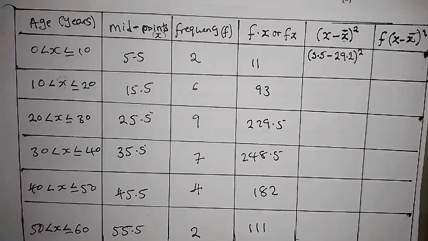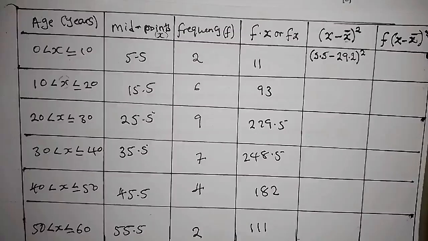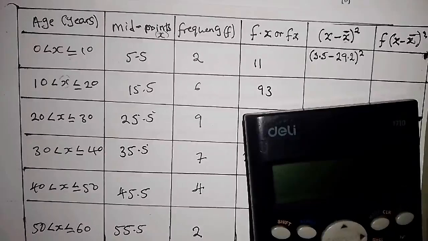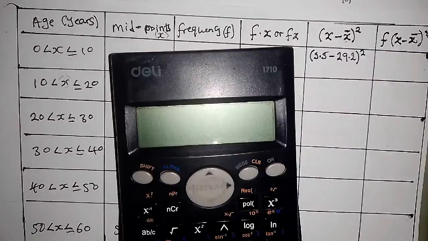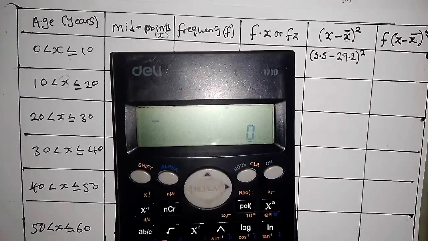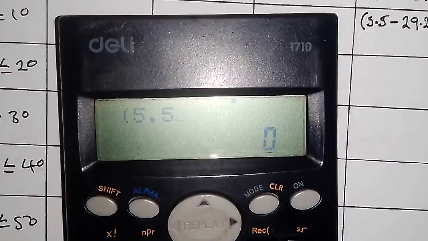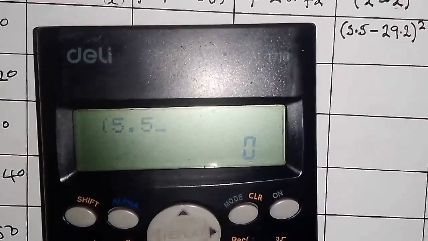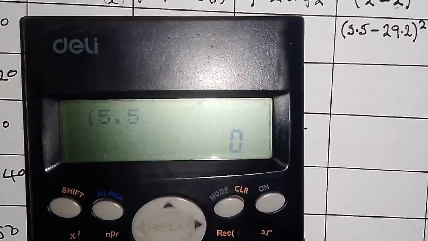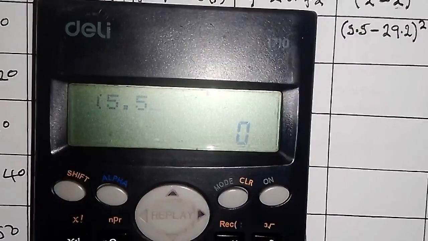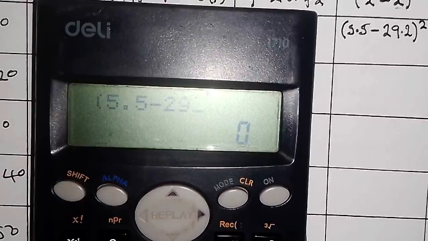Now I've done that in advance, so what I just want you to understand is the number that you're going to get from the calculator. So in brackets you say 5.5 minus 29.2, close bracket, then you punch equals.